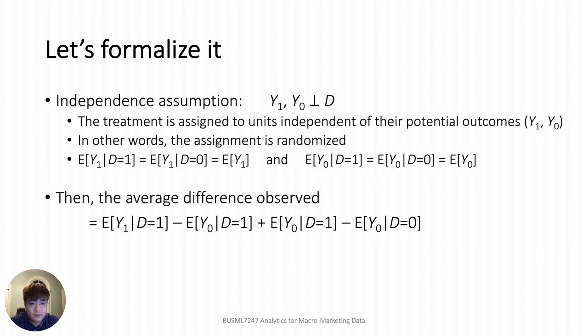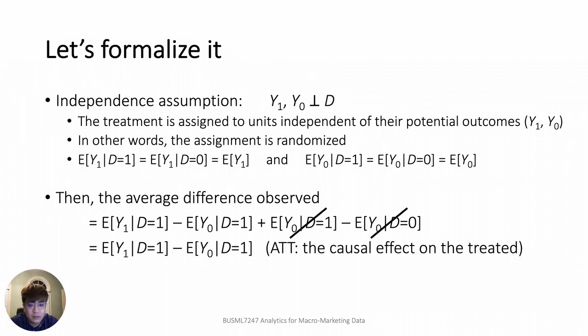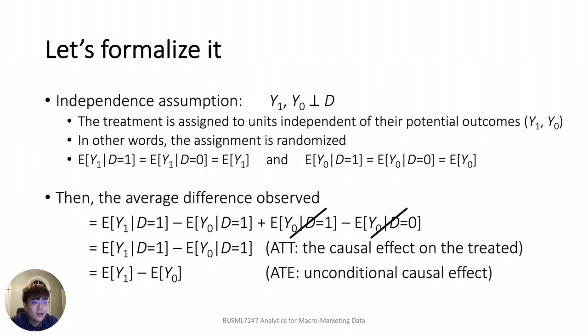The average difference observed is given by the sum of the ATT and the selection bias. But the selection bias becomes 0 because of the independence assumption. So only the ATT remains, and it becomes the same as the ATE, the unconditional causal effect, because of the independence assumption.